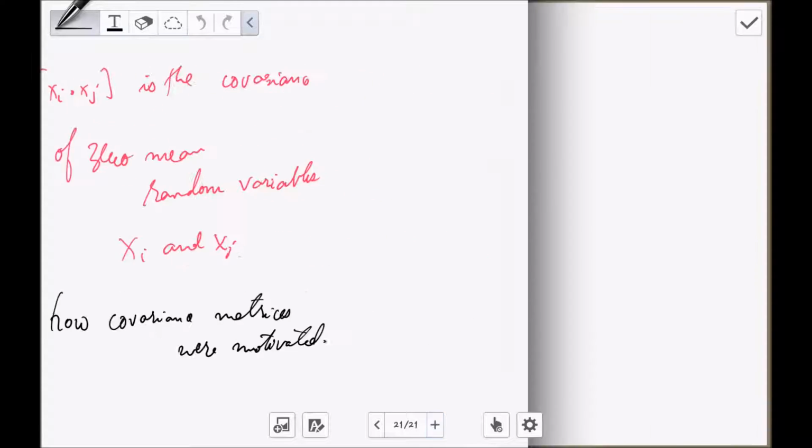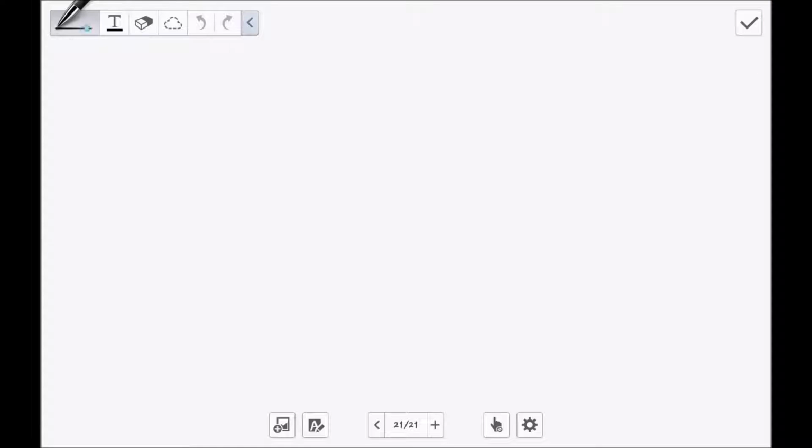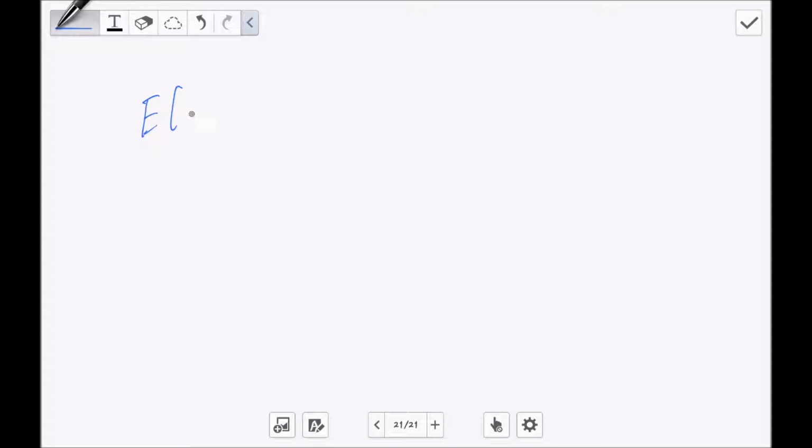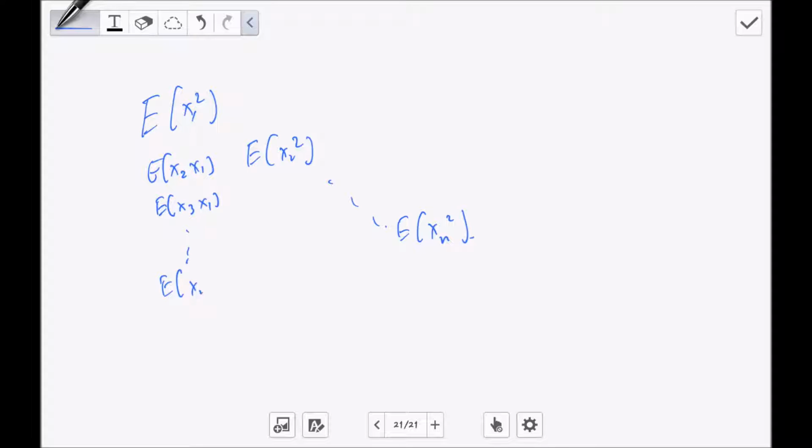Fine. So let us have a look at this. E of x1 squared, E of x2 squared, so on up to E of xn squared. This is E of x2 x1, E of x3 x1, so on E of xn x1. Expectation of x1 x2, expectation of x1 x3, expectation of x1 xn.